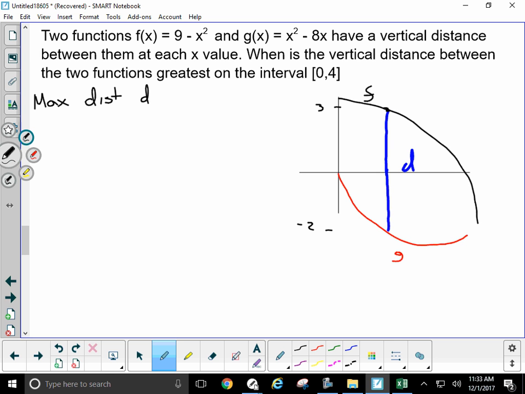What would you say the distance was? 5, right? People usually can get that correct, but how do you calculate that? And then maybe I'll use two different functions like this, and have this d right here and say this is 4 and this is 1. Discuss with your neighbors how you calculate the vertical distance between two curves.